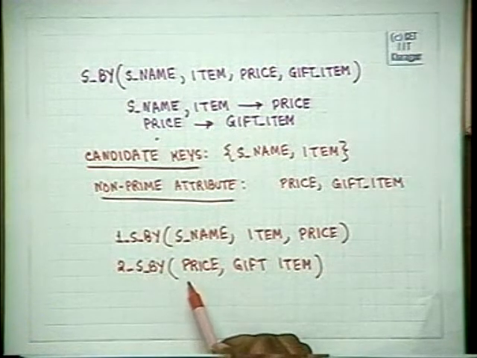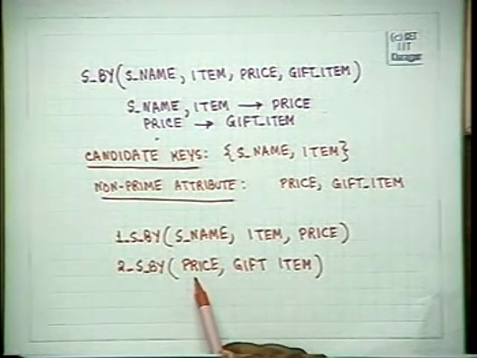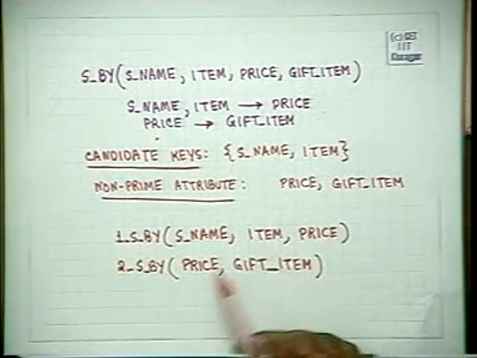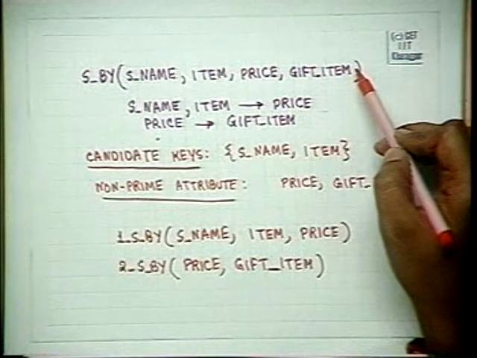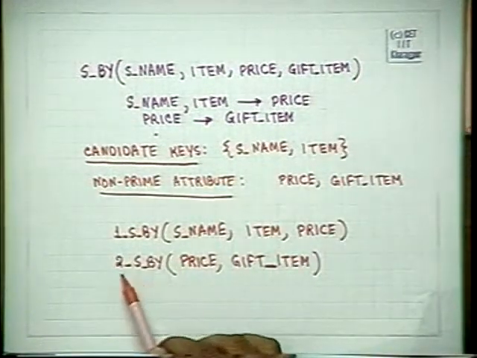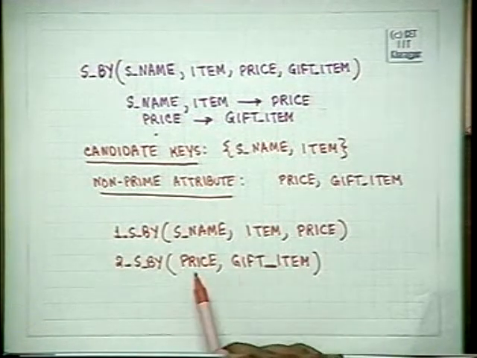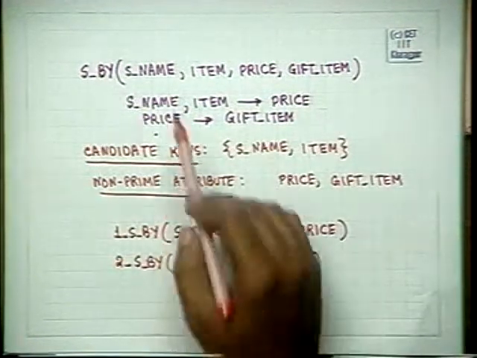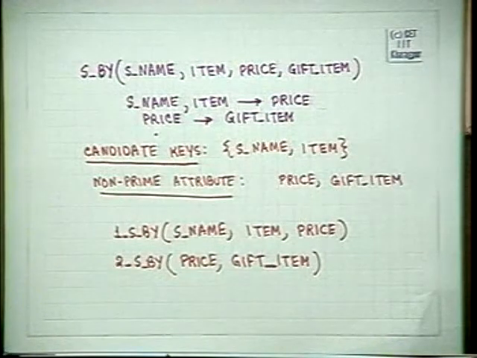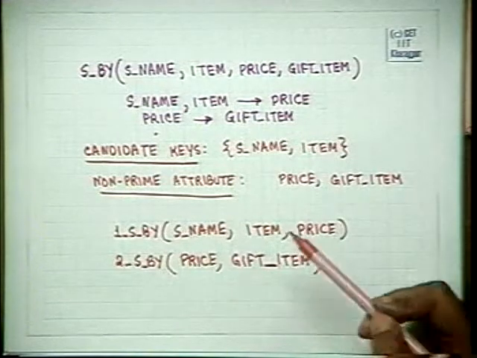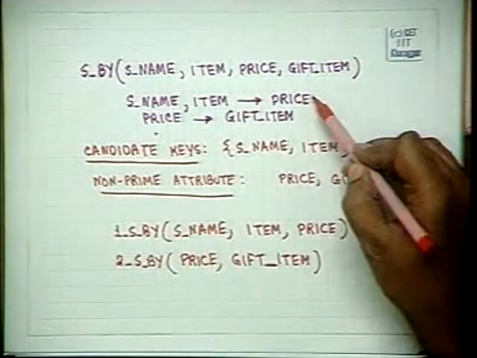This is a lossless join because price is a key here, and if we do a natural join, we are going to get back this one. Since in the second one, price is a primary key, if we do a natural join with this and this, we are going to get back the original relation. Now, this relation is in 3NF.